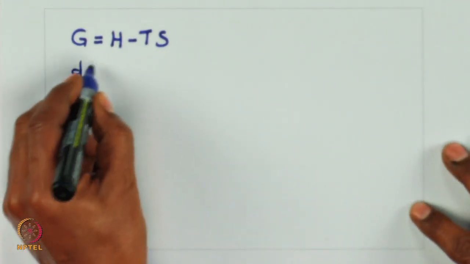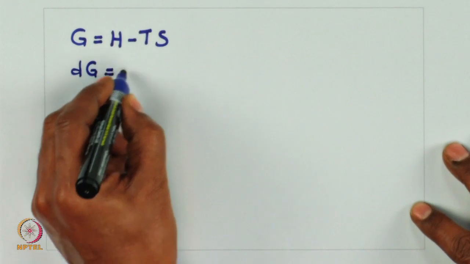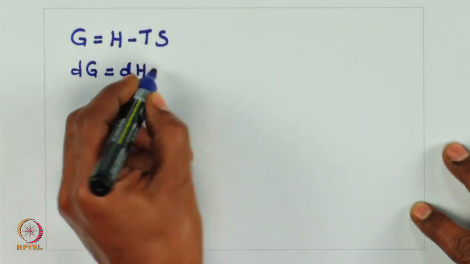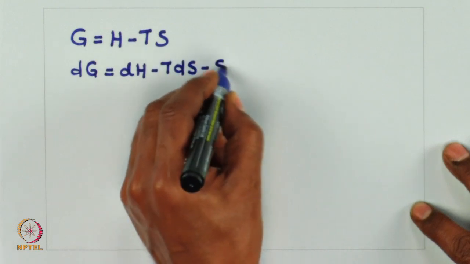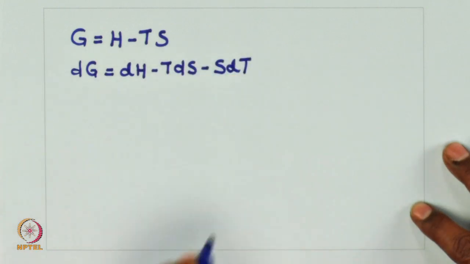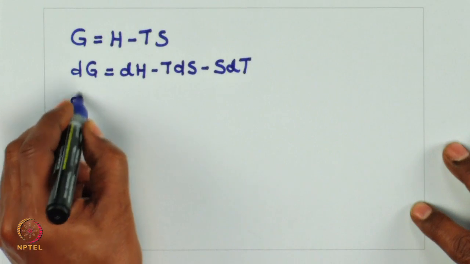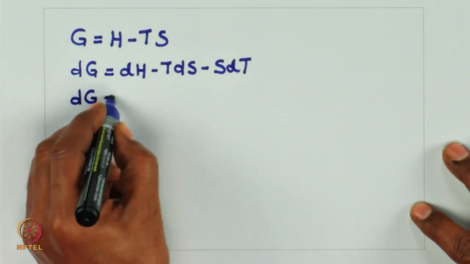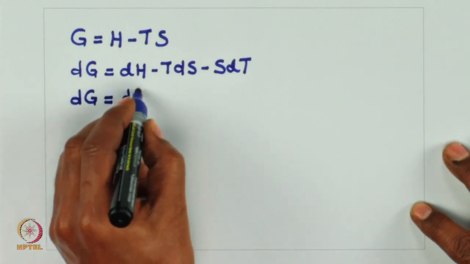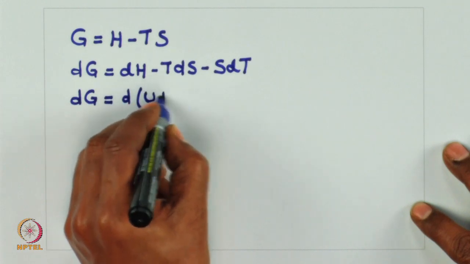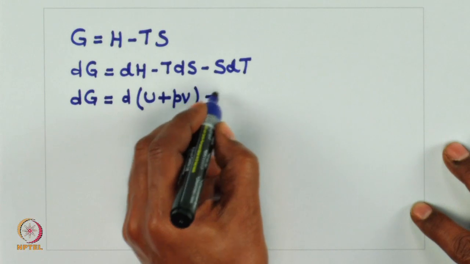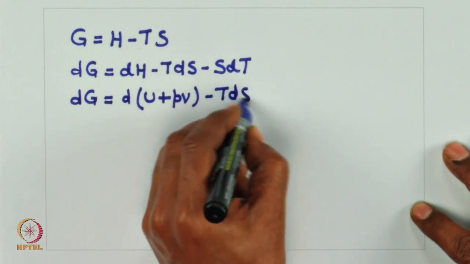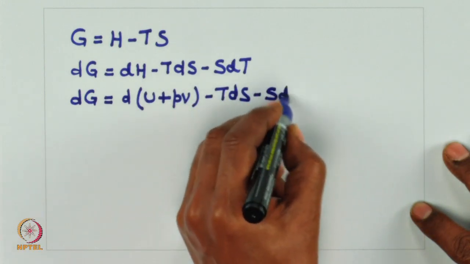Therefore, dG is equal to dH minus TdS minus SdT. Let me further work on this. Instead of H, let me use U plus PV, minus TdS minus SdT.